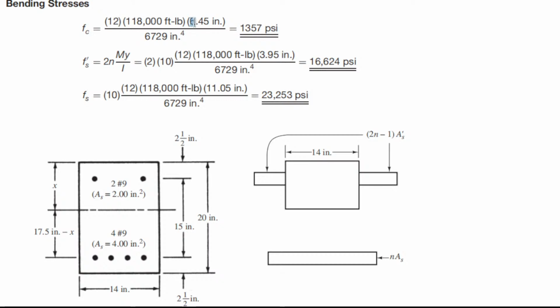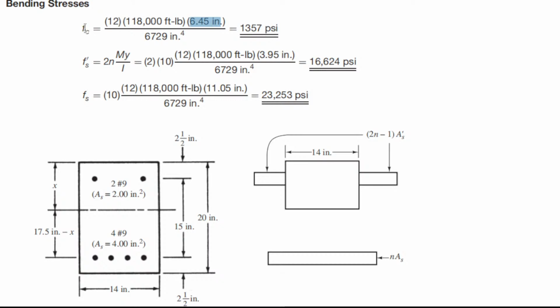We are using y, which is the distance from the extreme compressive fiber, equal to x actually, from the neutral axis to the top extreme fiber. That is 6.45. If you solve that, you will get 1,357 psi for your fc.